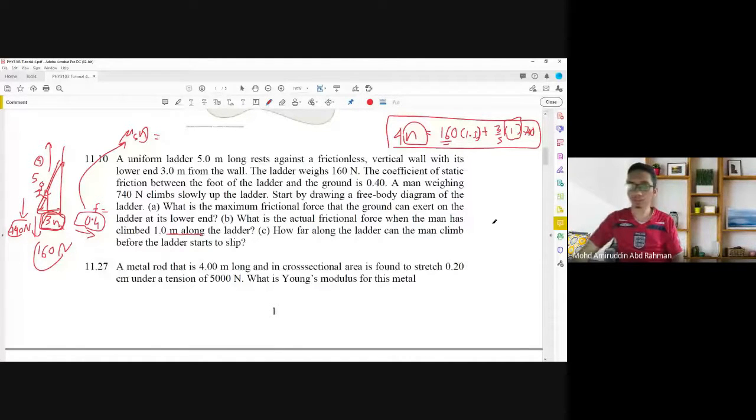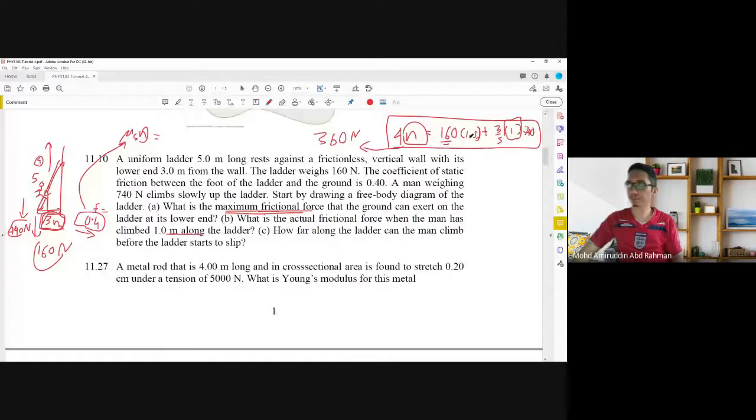Over here, the N is 360, as we obtain the maximum frictional force from A. So you apply this 360 Newton inside this equation times 4, 160 times 1.5.